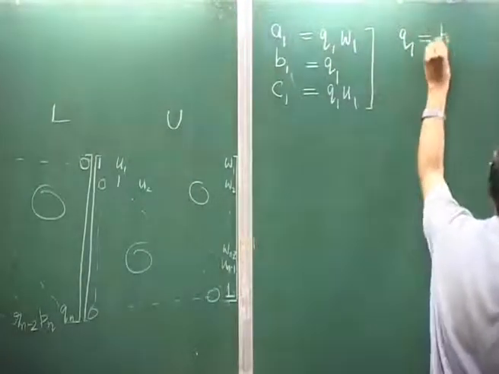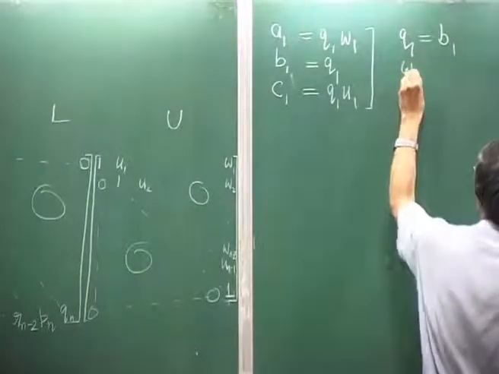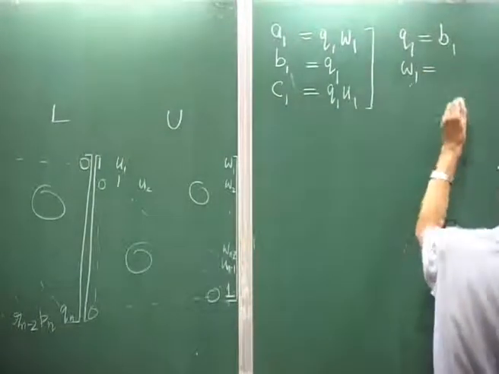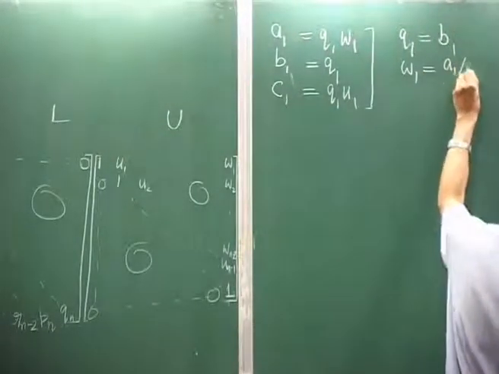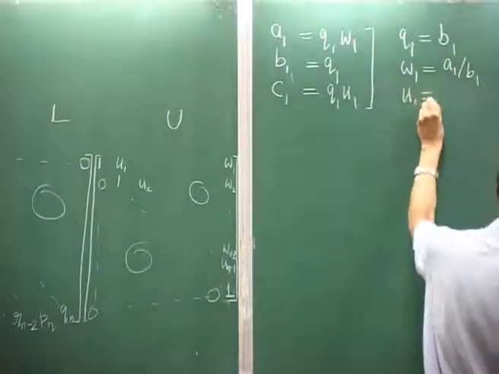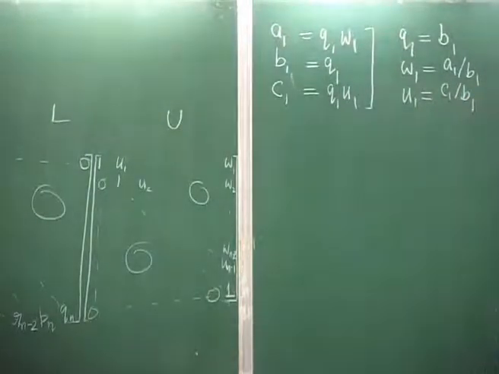You are looking for those unknowns. So, Q 1 is this, then you get W 1 as nothing but A 1 by B 1, and U 1 would be nothing but C 1 by B 1, right. So, that is the way systematically we will begin with these elements Q 1, W 1, U 1.